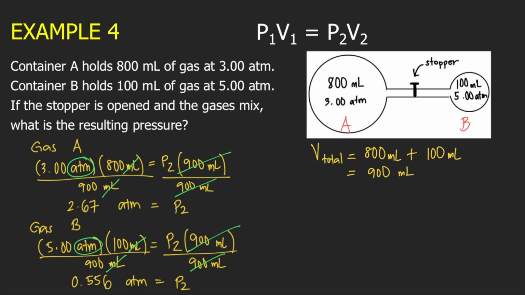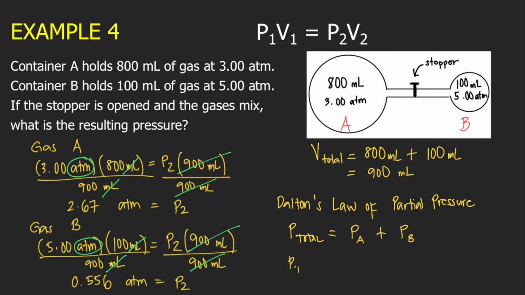But the question is asking for the resulting pressure. When you say resulting pressure, that will be the total pressure of gas A and gas B. So we know by Dalton's law of partial pressure that the total pressure is equal to the sum of the individual pressures. In this case, the total pressure is the pressure of gas A plus the pressure of gas B after mixing.